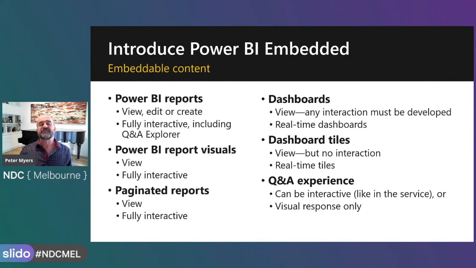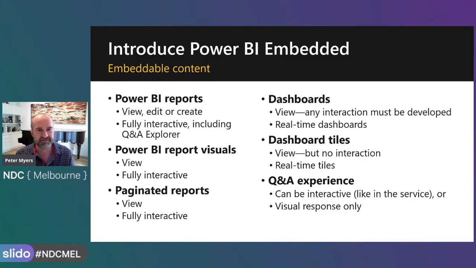There are 5 different types of content that you can consider embedding in your apps. The reports, or even a single visual from a report page. Power BI also supports paginated reports, and if you already have background in SQL Server Reporting Services, you can think of paginated reports in Power BI as being the new generation of SQL Server Reporting Services. In fact, it's almost identical.